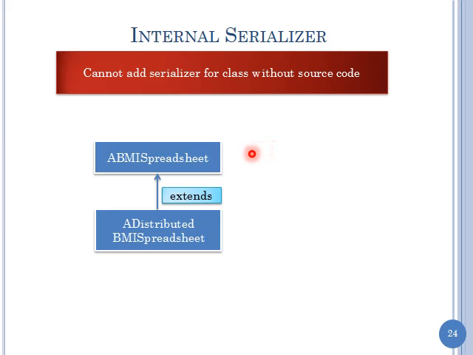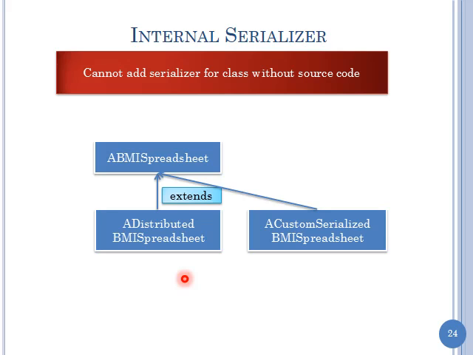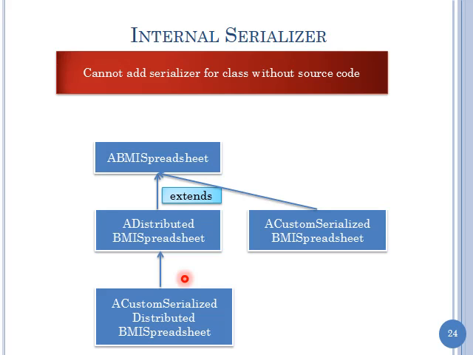Because that's what I'm trying to say here. If I have this hierarchy and I don't have the source code, I can subclass this guy and make it serializable, but then I can't use that class in the serializable version of this guy. That's what I'm saying. Now I don't have an is-a relationship between these two guys.